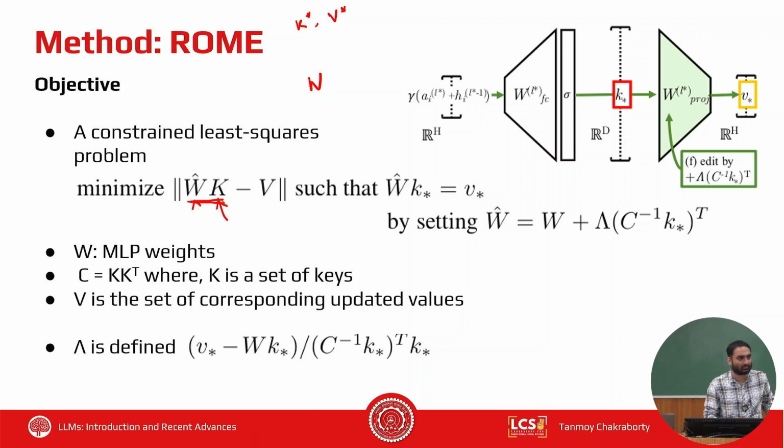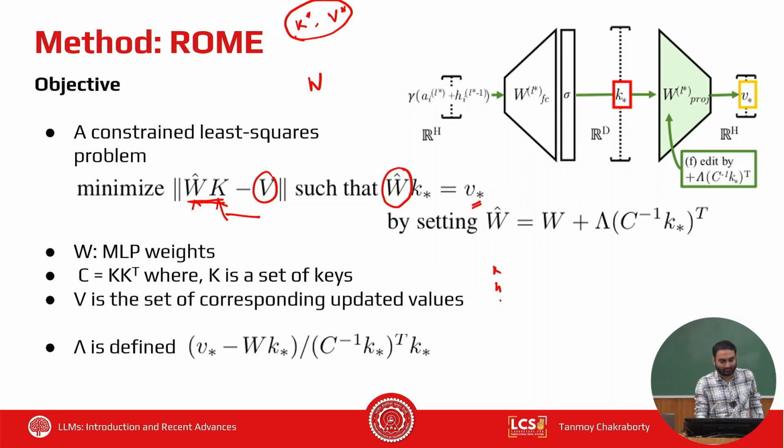This multiplication will produce the value V. This is your original V, and you want to minimize this gap. This is a simple Frobenius kind of norm, right? What is the constraint here? The constraint is that for only the edit that I want to make, K star, V star, the updated parameter W hat will return the updated value V star.